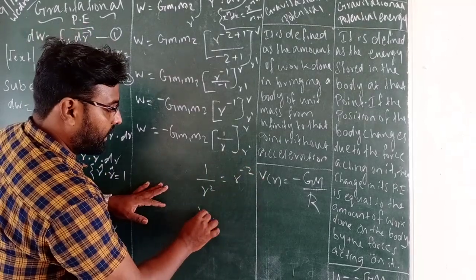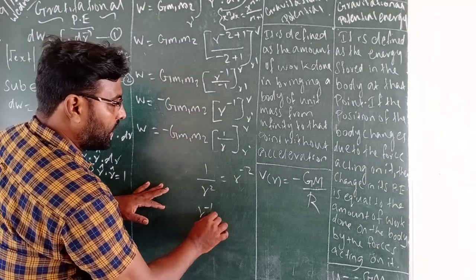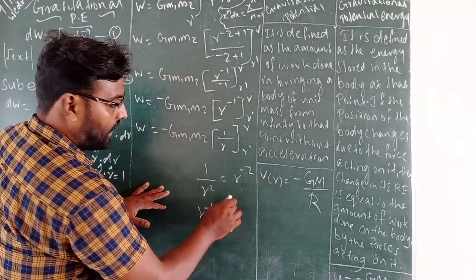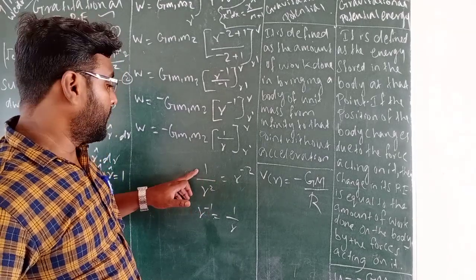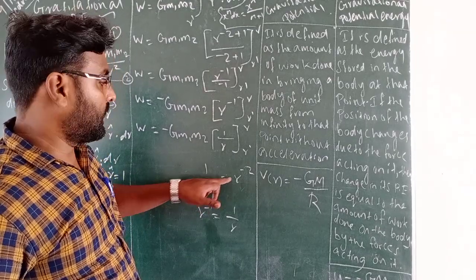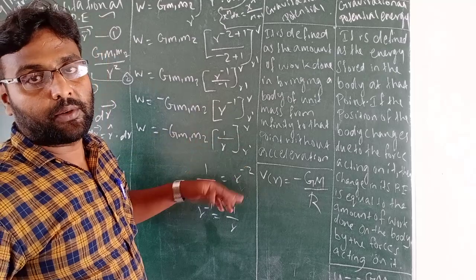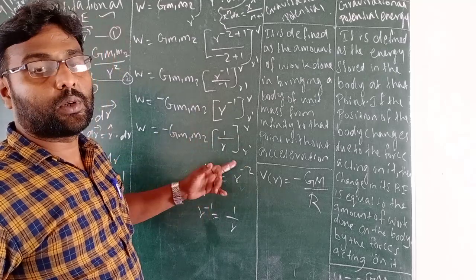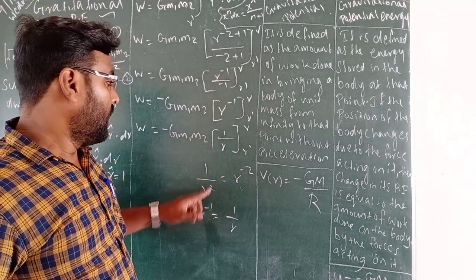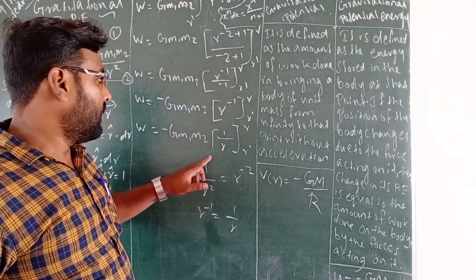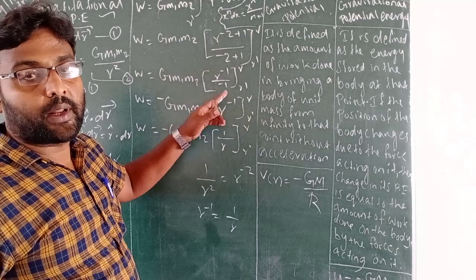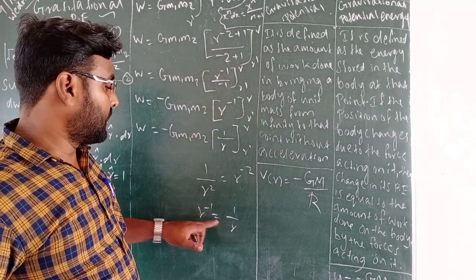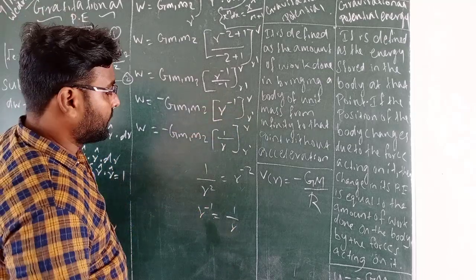Now we are writing R power minus 1 is equal to 1 by R. So we can go through this. 1 by R square we wrote as R power minus 2. We have taken this 2 upside, so it changed into minus 2. Now in this step of R power minus 1, we have taken the R down, so it changes into plus.